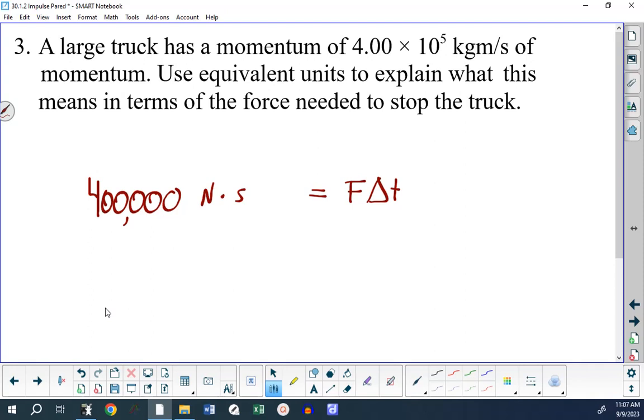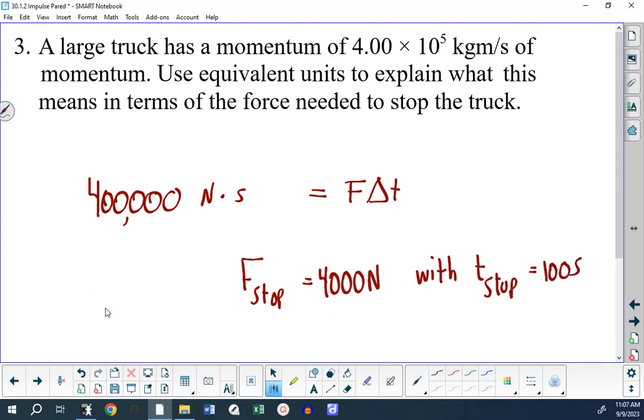In terms of stopping the truck, I can use a net force of 4,000 newtons with a time to stop the truck of 100 seconds. The bottom line is I can use any force I want, in theory. The time just has to be a time that when the force and the time are multiplied, you get 400,000.